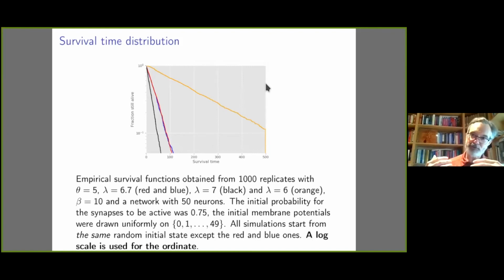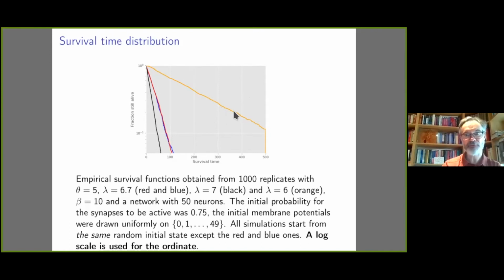Here, when we speak about metastability, we mean that it's memoryless. So if you are in the metastable state, it stays the same, but it will stay the same for an exponentially distributed time.